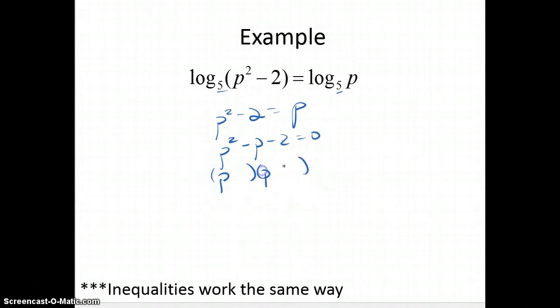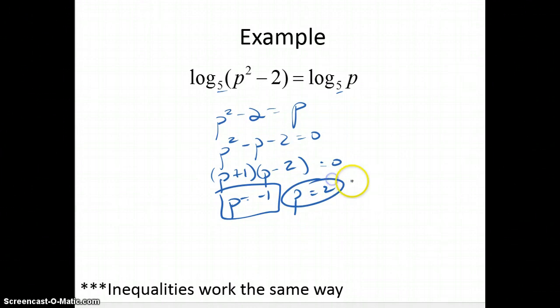And when we factor it, we get p minus 2 and p plus 1. And then we go ahead and set each of these factors equal to 0, so we get p is equal to -1, and we get p is equal to 2, in order for those to be 0. So if our bases match, we set each component equal to the other component.